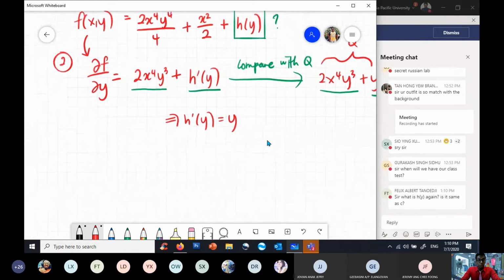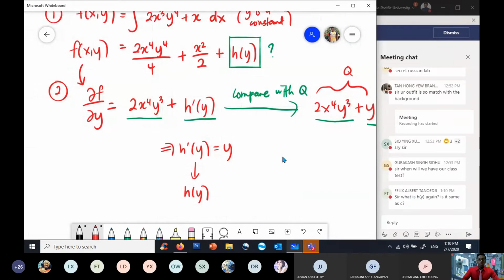Now, if my h prime y is y, what is my hy? From h prime, how do you get back the h? So what is hy again? Is it the same as c? Yes, it is the same as c. But we don't write c because we know the constant might contain some y. There might be a bunch of y there.